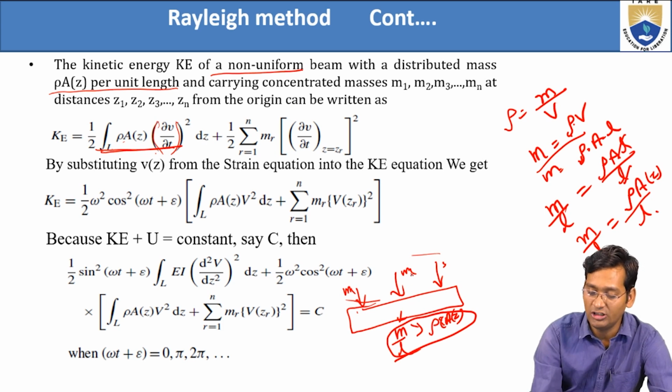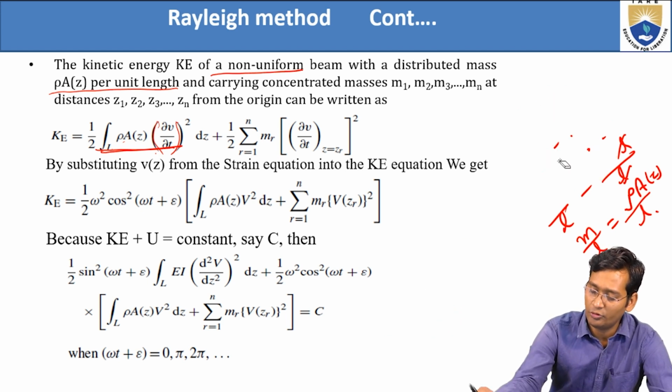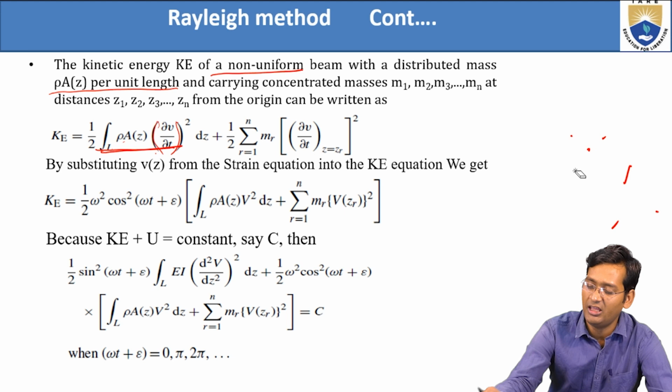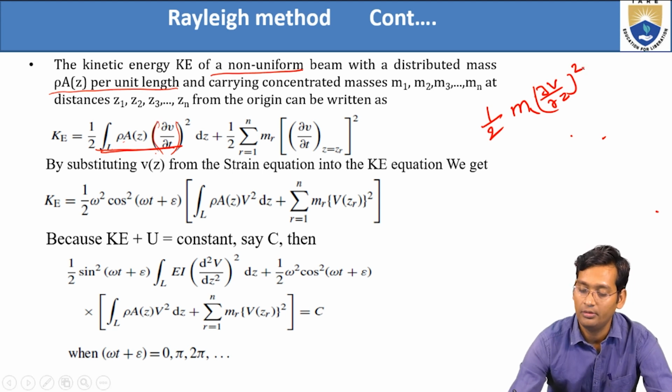Now for the masses, in the same way it will be half m v square, right? For the part where we apply the masses, for the first mass it will be half m1 into del v by del t square at z1.